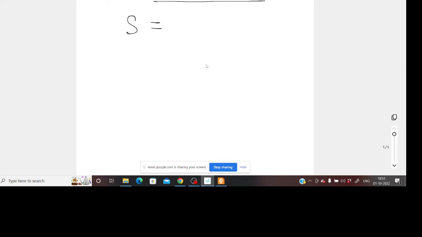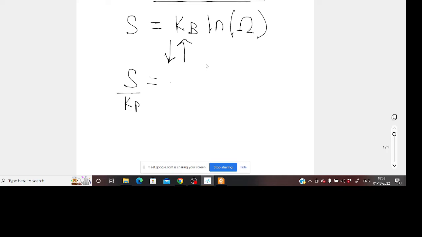I think I have shown this equivalence in one class. This is equal to kb log omega, and this definition is by kb. I have shown this equivalence, right? Yes, sir.